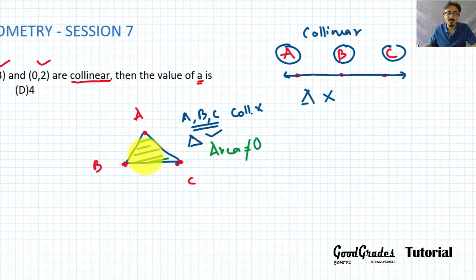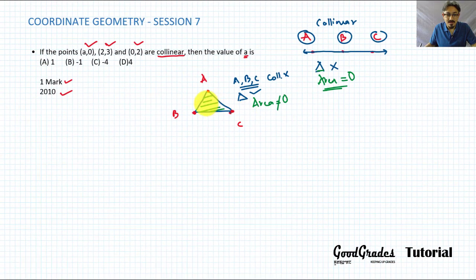When a triangle is formed it is bound to have a certain area, but in the case of collinear points no triangle is formed, so their area will always be equal to 0. So in this question, we use the given points as vertices, find the area, equate it to 0, and then find the unknown variable a.